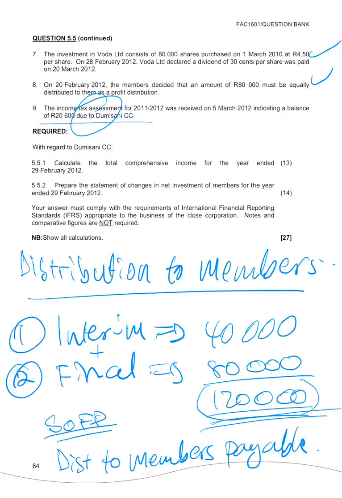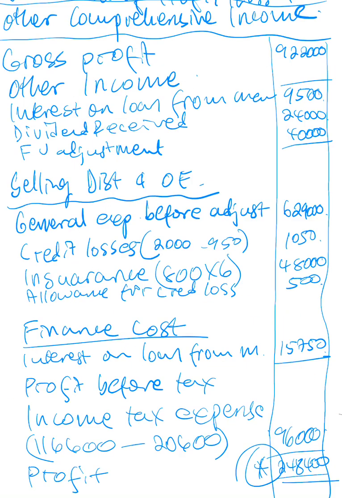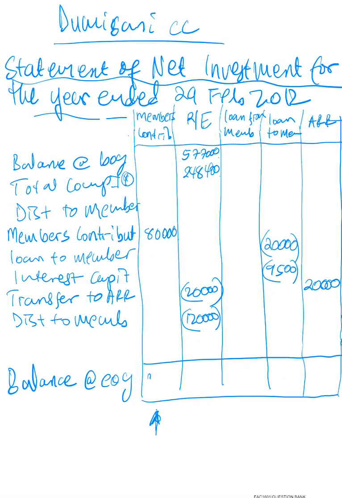So at the end, the members' contribution was 215 plus 125, so the amount is going to be 340,000 at the end. Therefore the opening balance will be the balancing figure minus 80. It is going to give us 260 there.